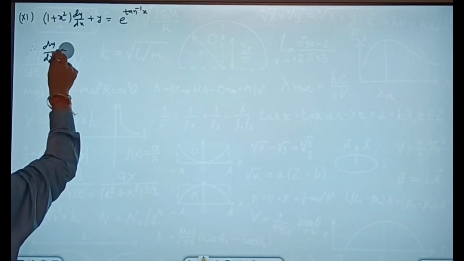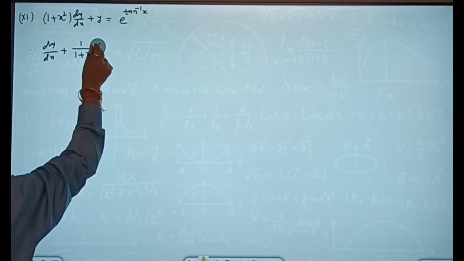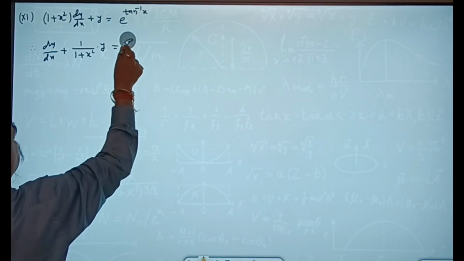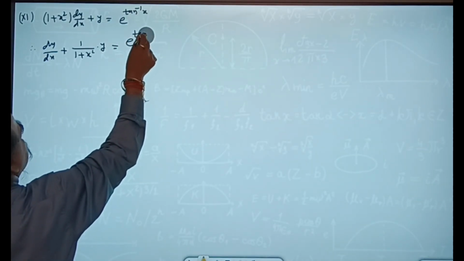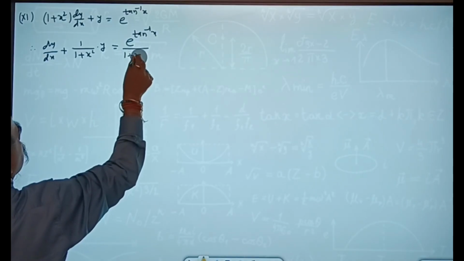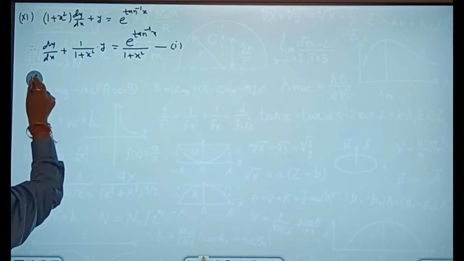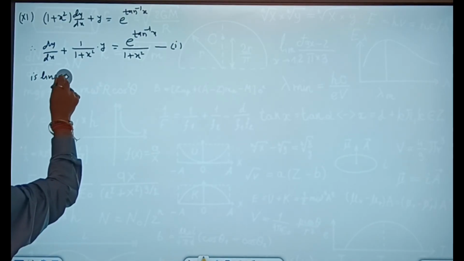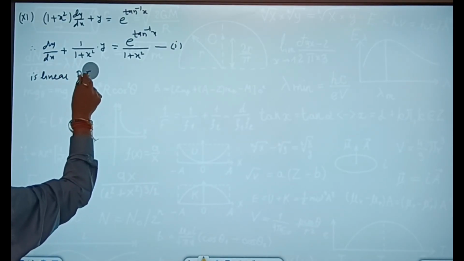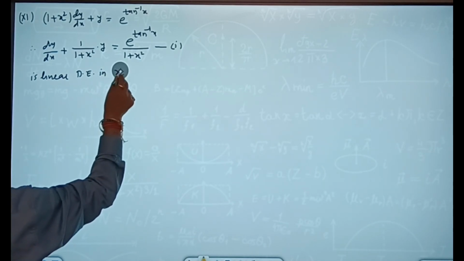dy by dx plus 1 upon 1 plus x square into y is equal to e raised to tan inverse x upon 1 plus x square. This is a linear differential equation in x.